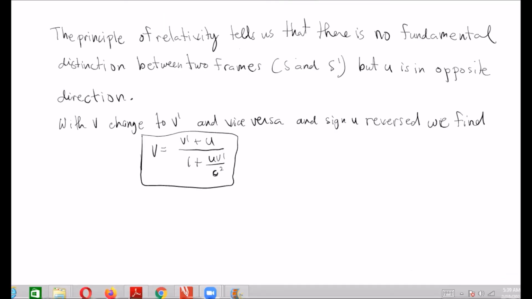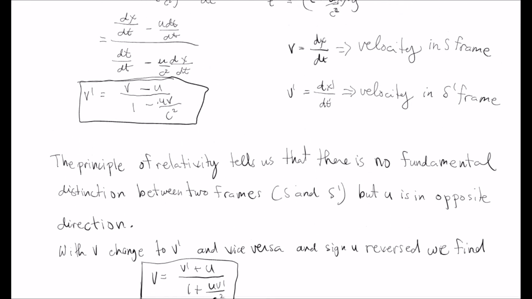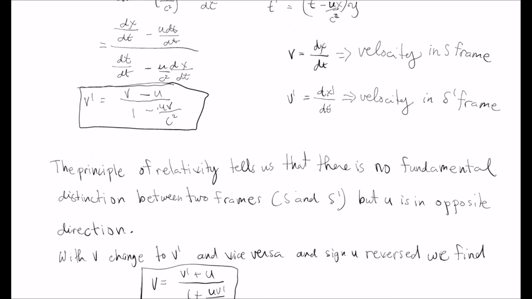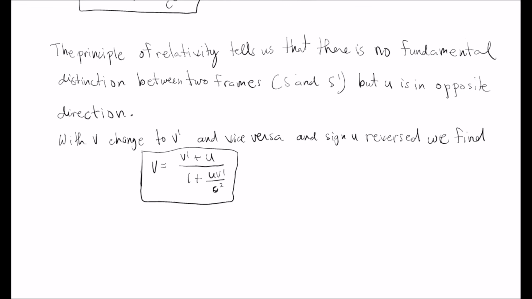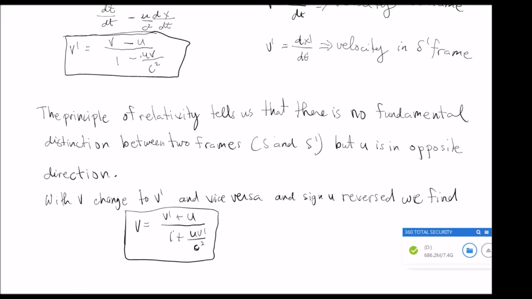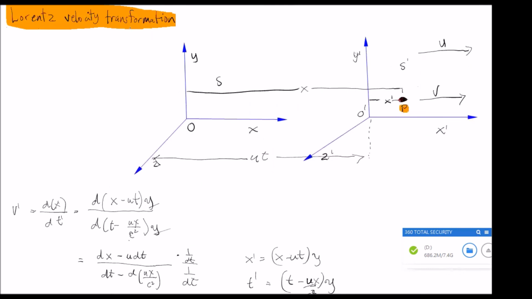But take note, all these equations only define the motion of a moving frame whose velocity is u, and the velocity of the event in the S prime frame, which is v, is moving in the positive x direction. Okay, so that's for the Lorentz velocity transformation.